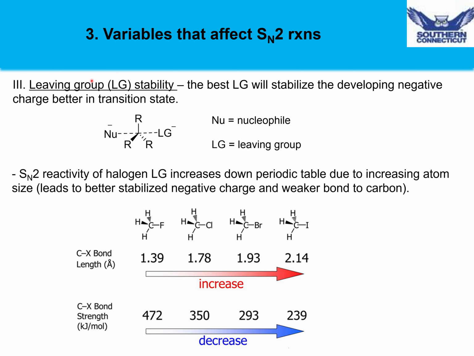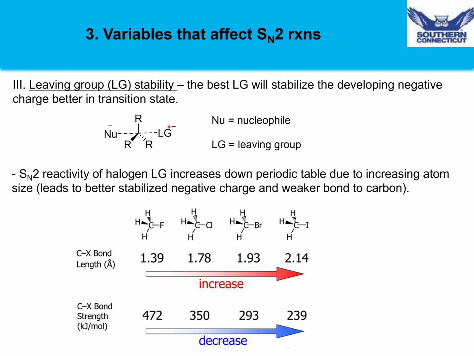The stability of the leaving group also plays a role in the SN2 reaction rate. Generally, the best leaving groups are those that are able to stabilize the negative charge that develops after the leaving group is expelled from the alkyl halide. So this is the transition state where the nucleophile has attacked the carbon and the leaving group has partially left.